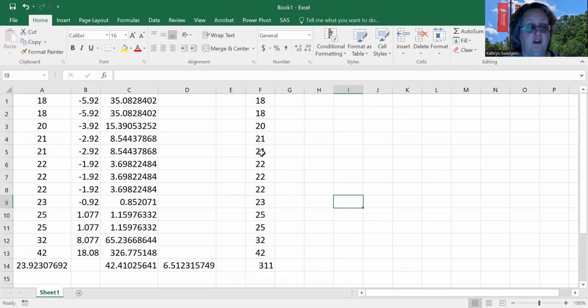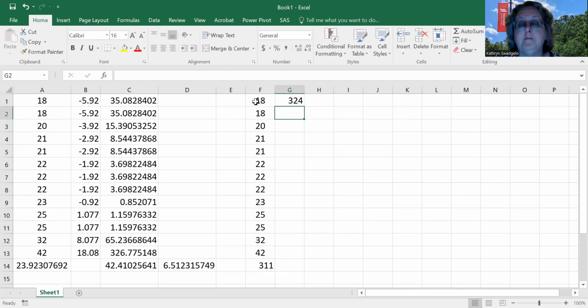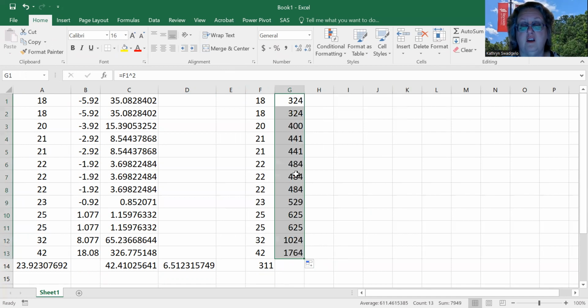And I get 311. I'm going to square them. So I'm going to do equals that one to the 2 power. So square these numbers. So this is the sum of the x's, 311.